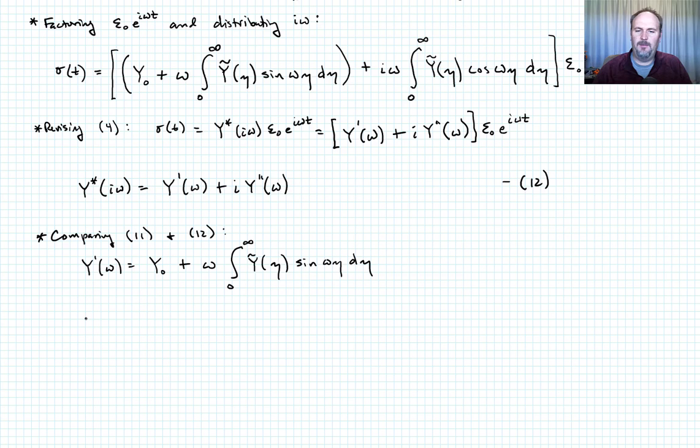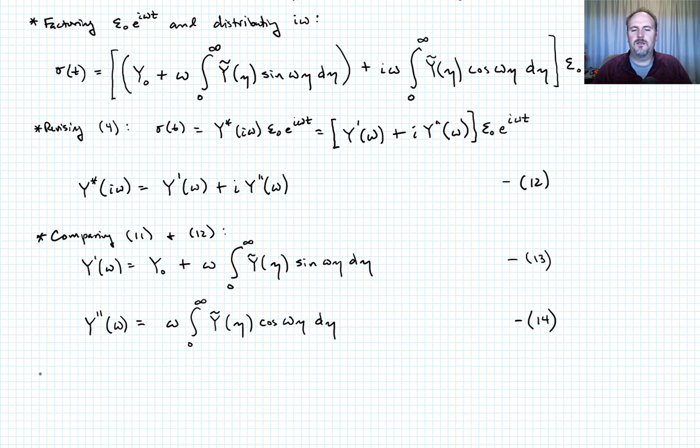And how about for y double prime? Y double prime, a function of omega, is equal to omega times the integral from 0 to infinity of y tilde of eta cosine of omega eta d eta. Let's call those equation 13 and equation 14.